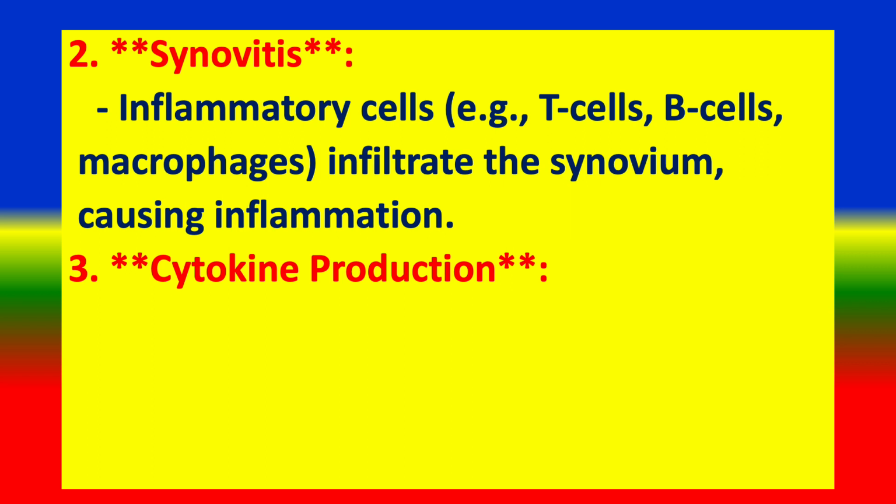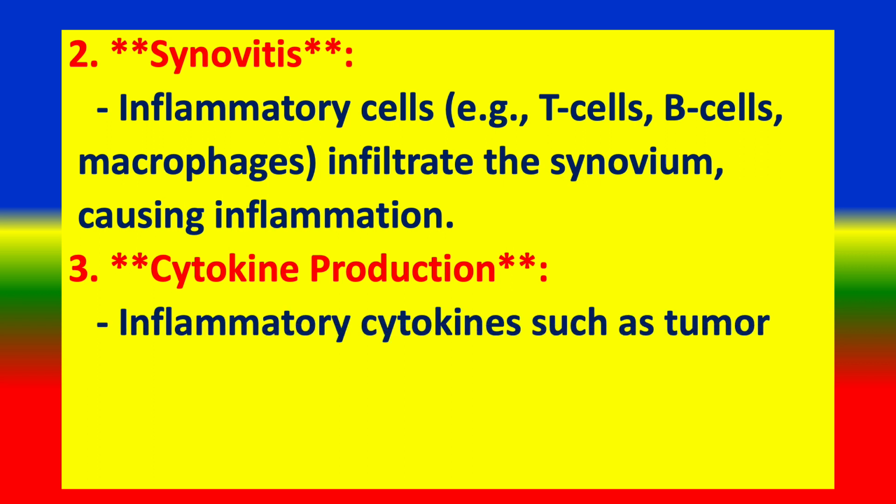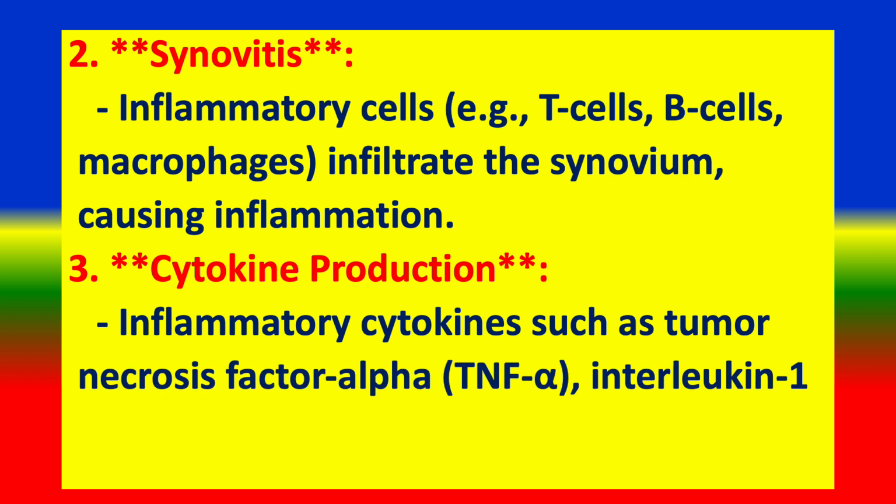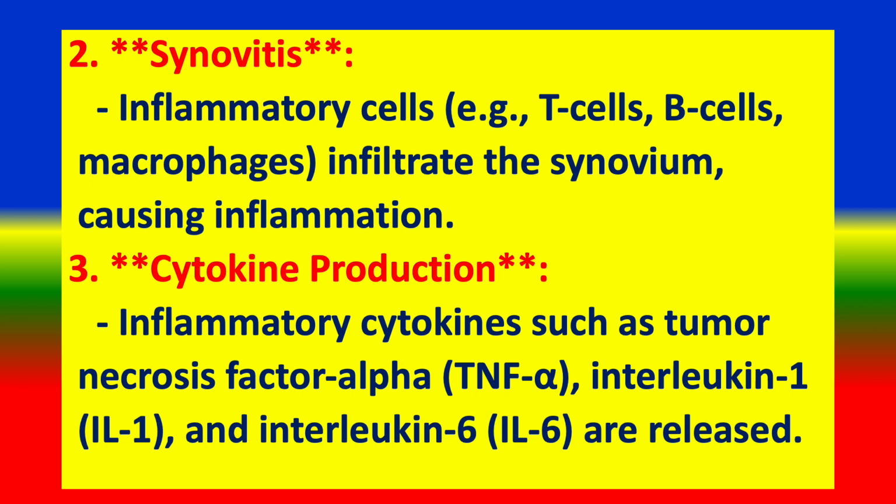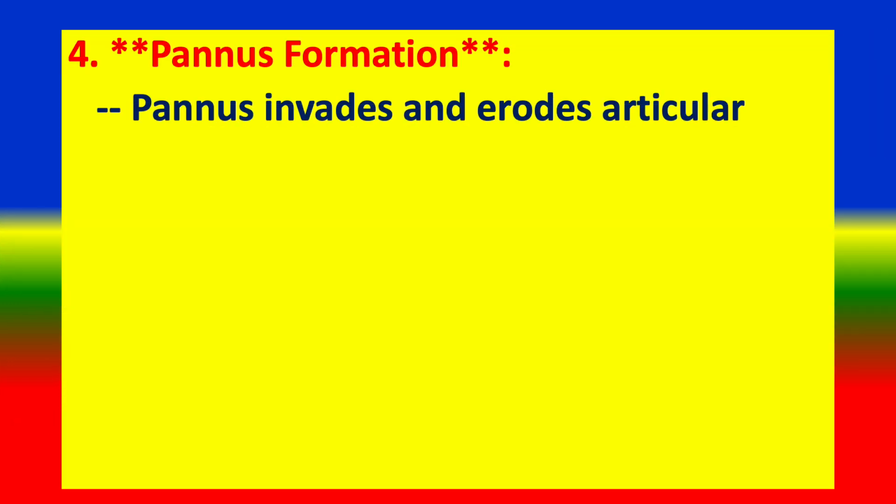3. Cytokine production. Inflammatory cytokines such as tumor necrosis factor alpha, interleukin 1 and interleukin 6 are released. 4.